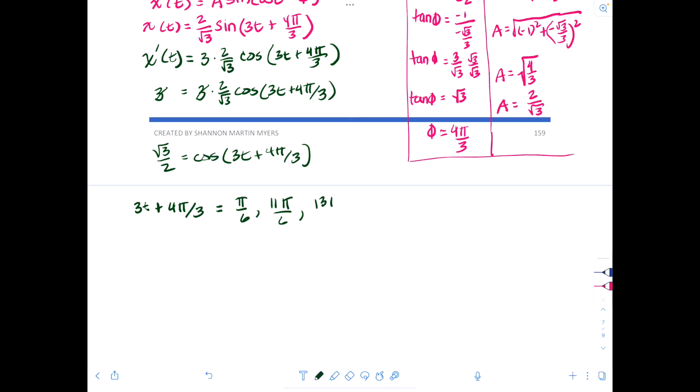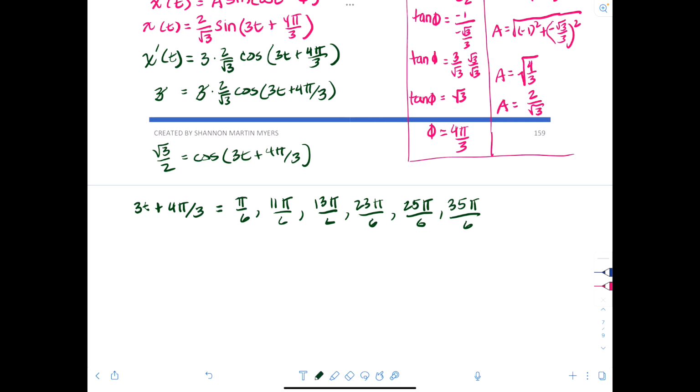So we'll get 13 pi over 6, we will get 23 pi over 6, and then we will get 25 pi over 6, and then 35 pi over 6. Cool so far?